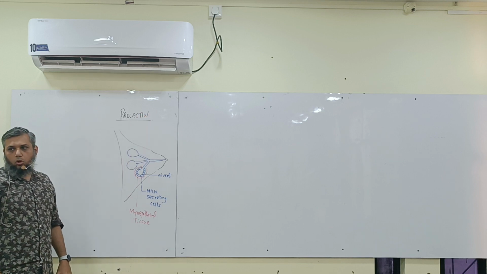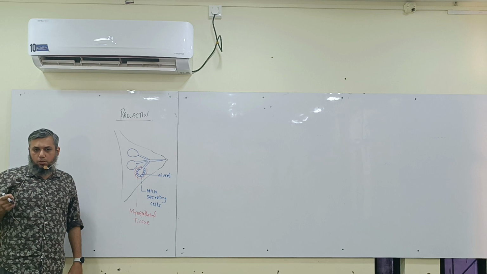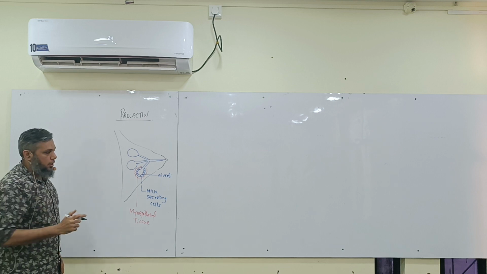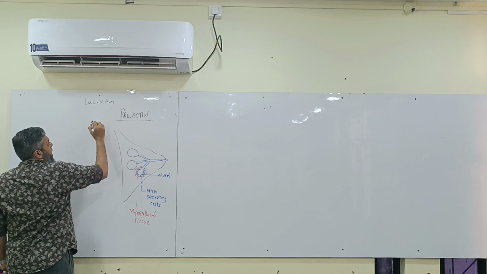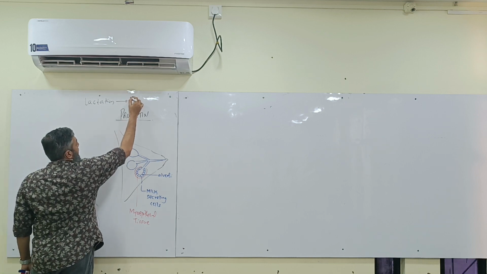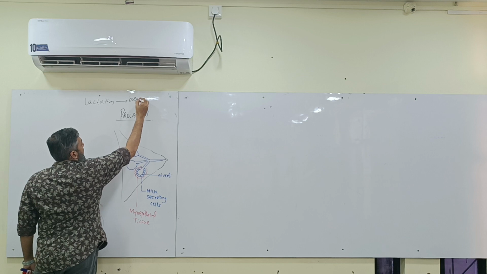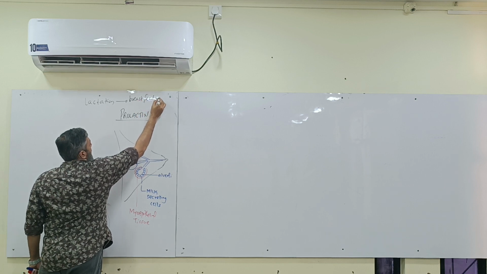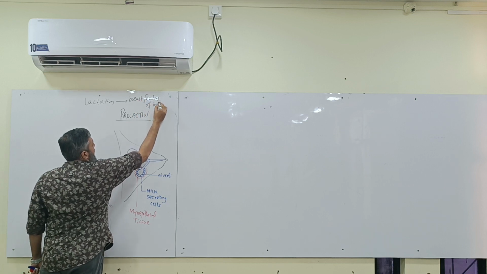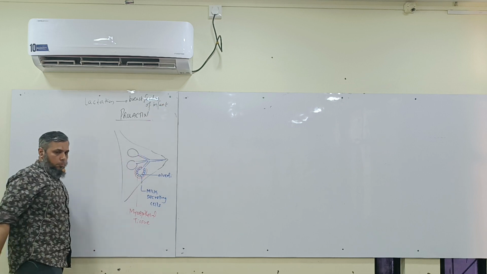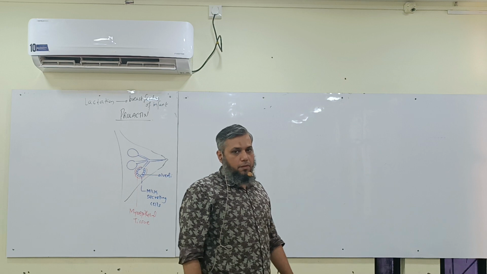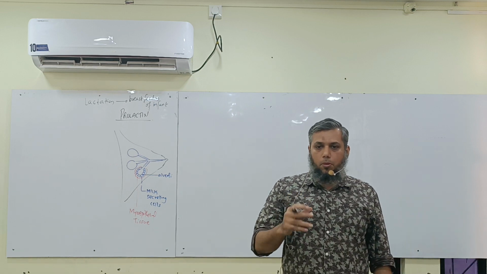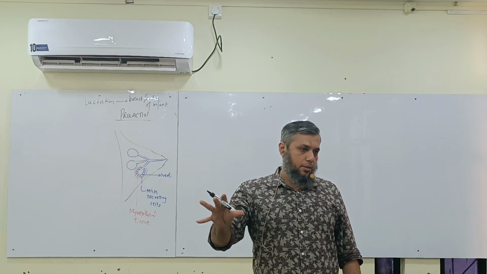Prolactin. Pro means for. Lactin comes from the word lactation. Lactation मतलब breastfeeding of the infant. Me, you, everybody. Okay, we have been through this stage where we were dependent only upon our mother's milk.